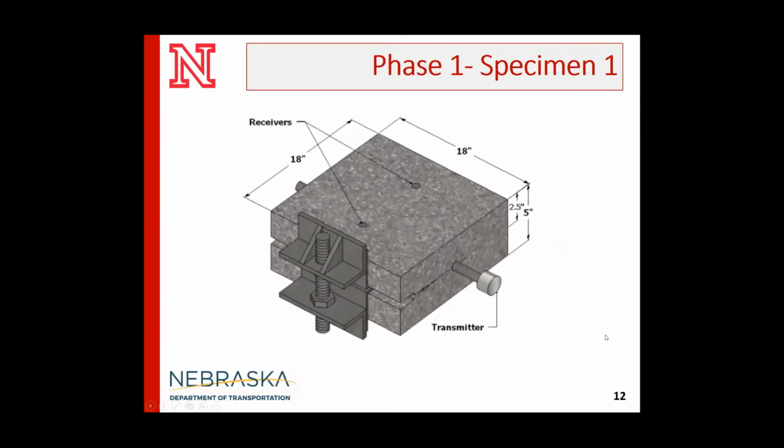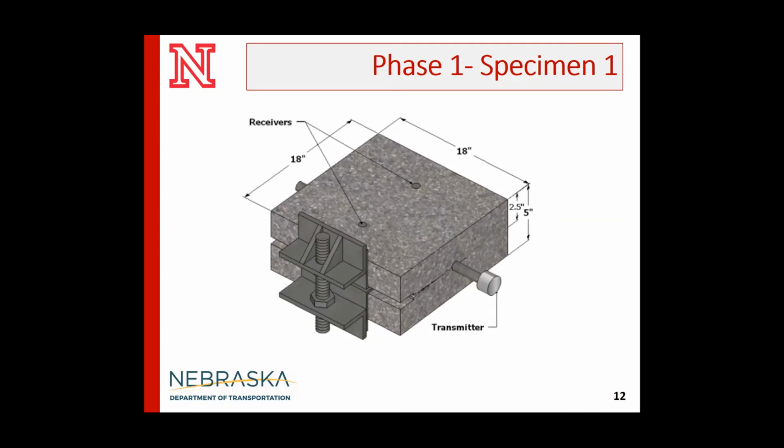So we started small, as I said, and since we were trying to detect the start of delamination, we came up with a mechanism where we would delaminate artificially where we want it in the lab. So this small slab has a single rebar in the middle.